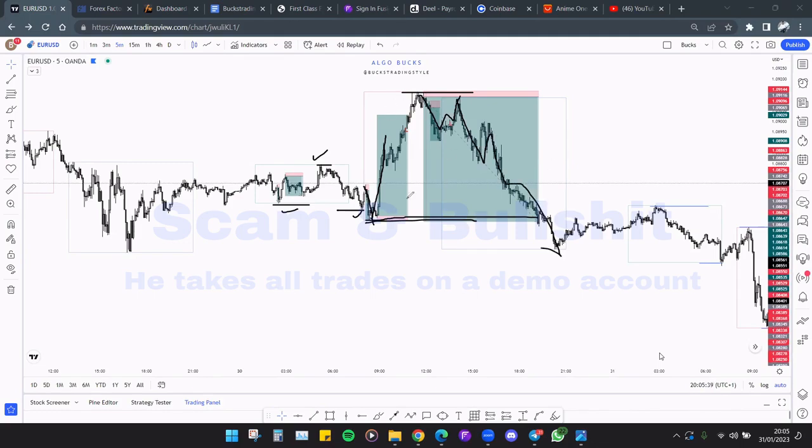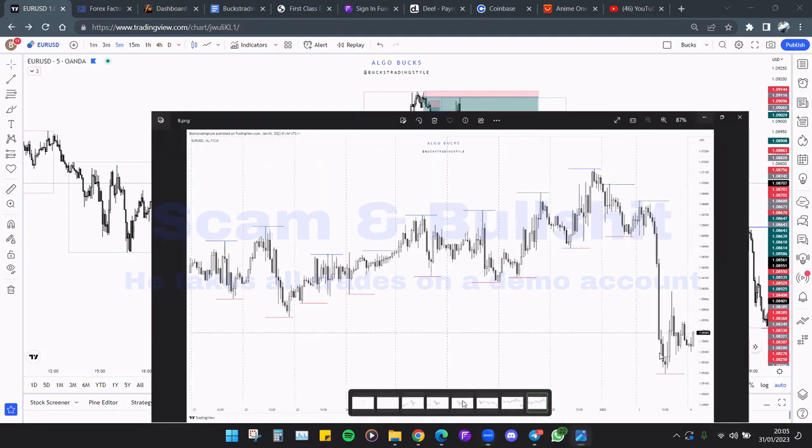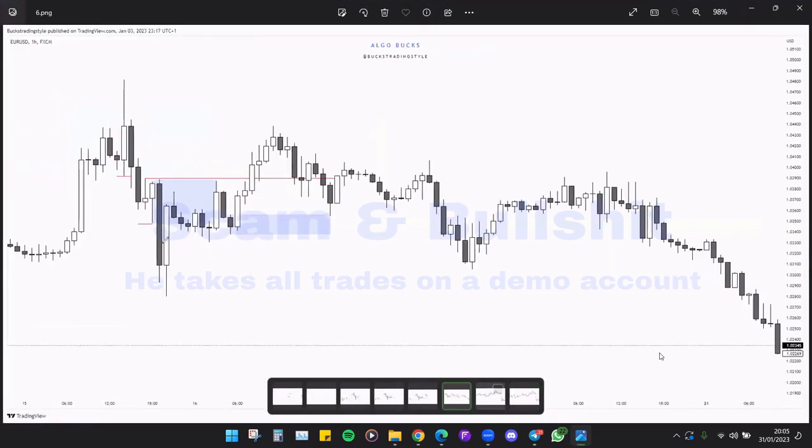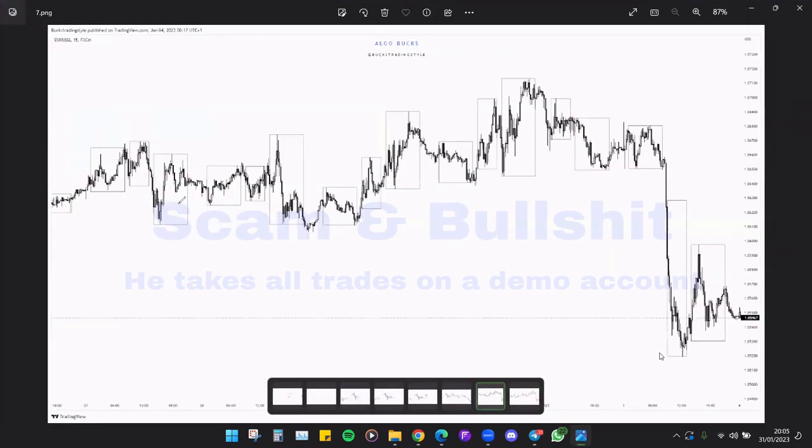So when in a trade, you can use session highs and session lows as your targets. You can use them as your potential target. For this one right here, this was New York. If you look at this chart, Asian high and Asian low got taken, and this got taken by New York.